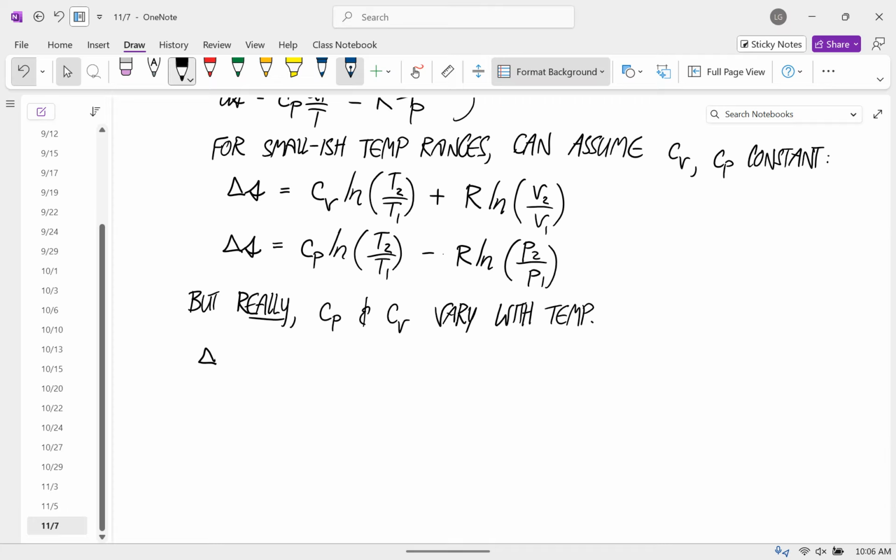So this is just taking the second of these two expressions, and we can write it as s super 0 of T2 minus s super 0 of T1 minus R natural log of P2 over P1.